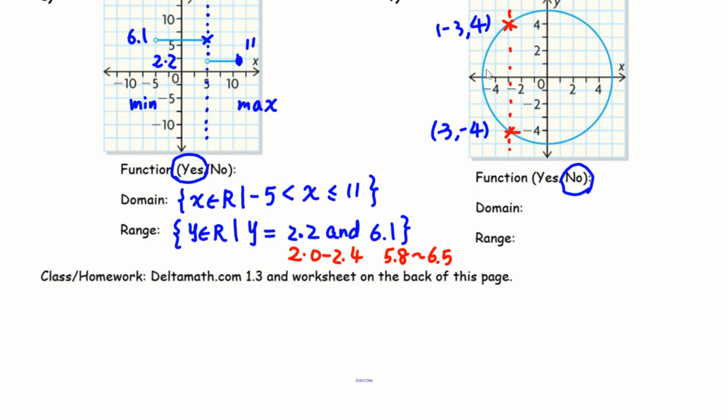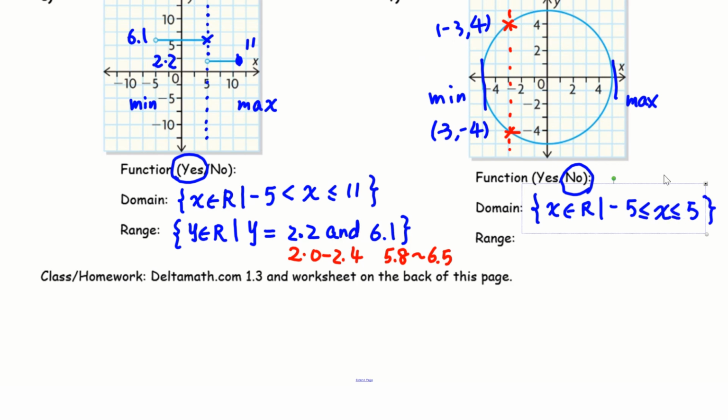For the domain, we read from the very left as your minimum, and the very right as your maximum for x. So it's -5 to +5. So x belongs to all real numbers such that -5 is the minimum, maximum +5, x between, less than or equal to, less than or equal to because no open dot.